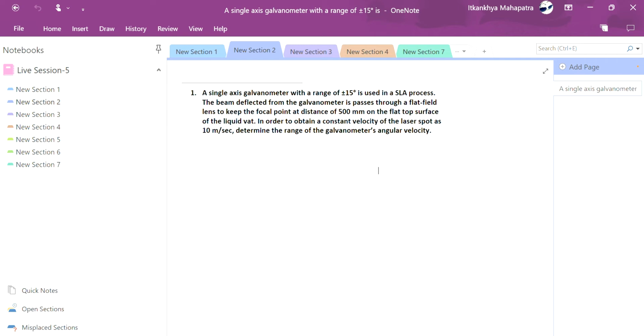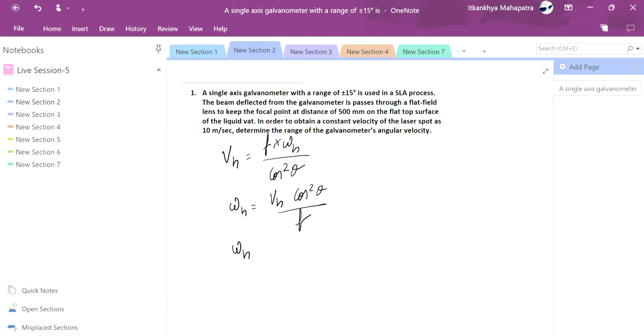We have been given the velocity of the laser beam on the flat surface, and theta is the angle of incidence. With the formula which we already know, VH is equal to F into omega H by cos square theta. By converting, we get omega H is equal to VH cos square theta by F.